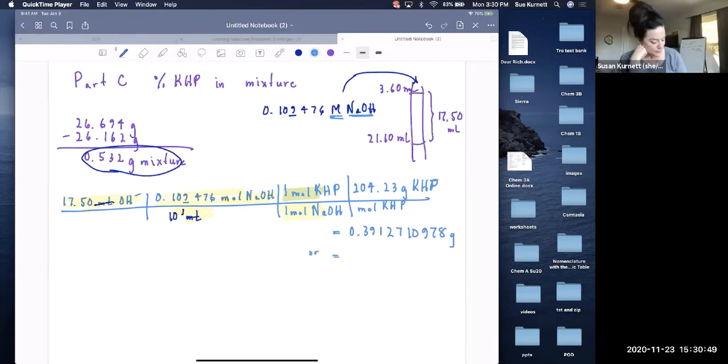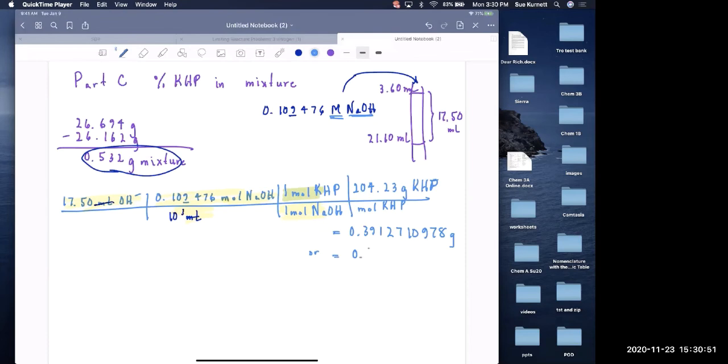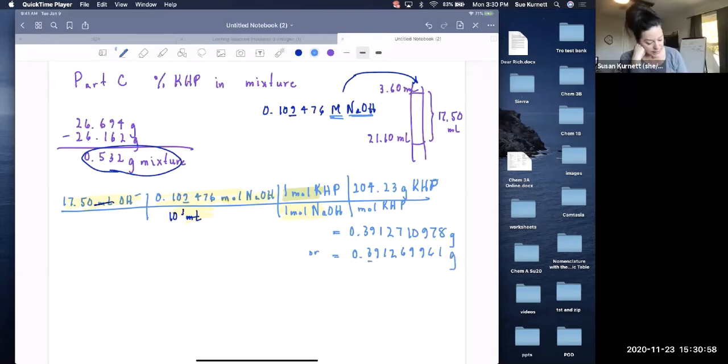I got 0.391269961. Okay, it's okay because tenths, hundredths, thousandths, 10,000ths agree. And actually the 100,000ths agree. 69 and 71 are pretty much the same. So we're okay. Good. Okay, so what was that? That was grams of KHP that were in that 0.532 grams of mixture.